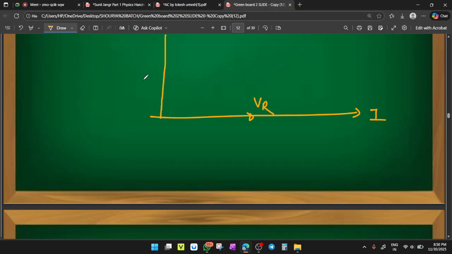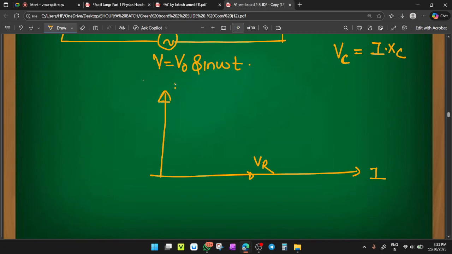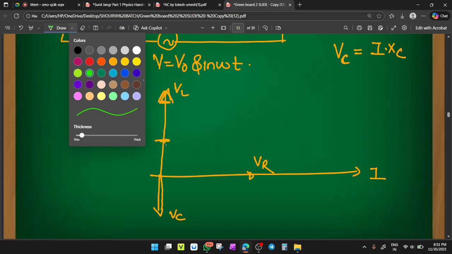VL is 90 degrees leading from the current, and VC is lagging behind by 90 degrees from the current. You just reverse the voltage, so it will become minus VC. It will reduce the amount of VL, and finally you have the voltage VL minus VC.